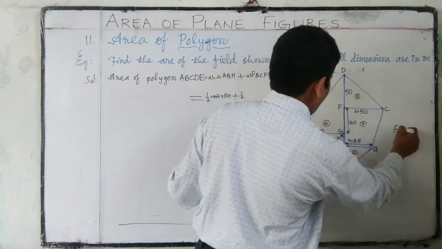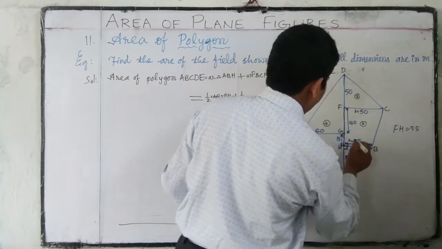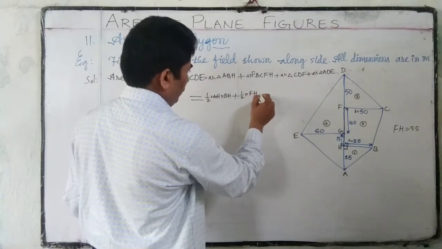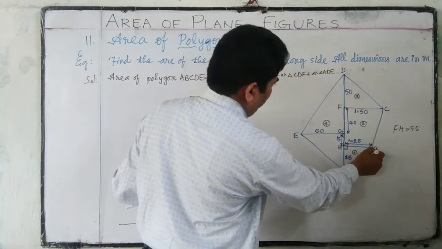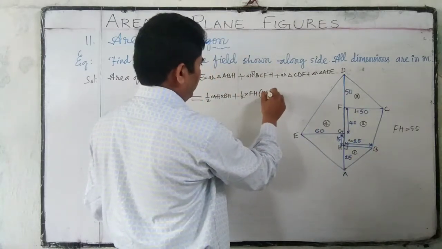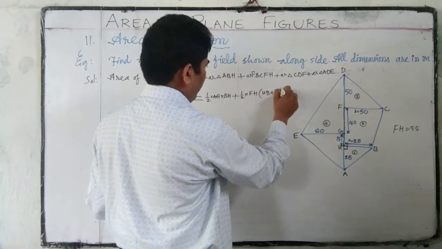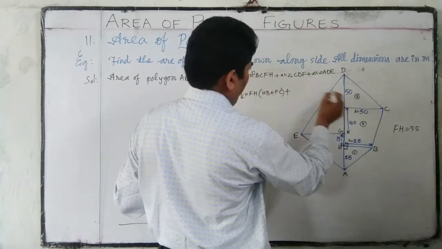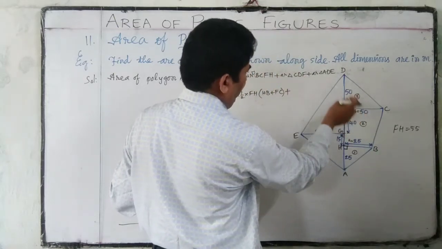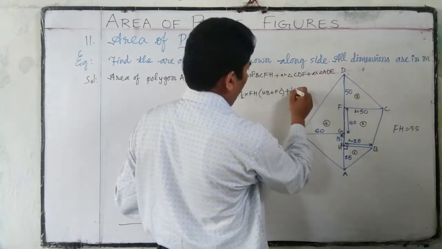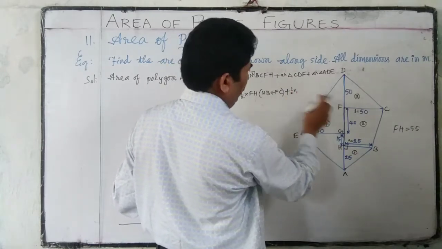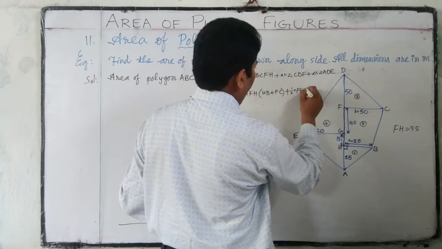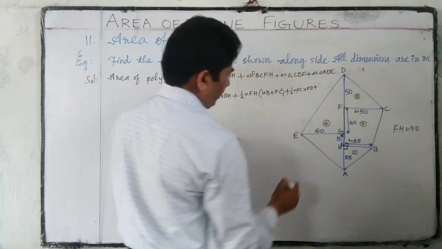FH 55. Half into FH into HB plus FC, plus area of triangle CDF, half into FC into FD, plus triangle ADE.